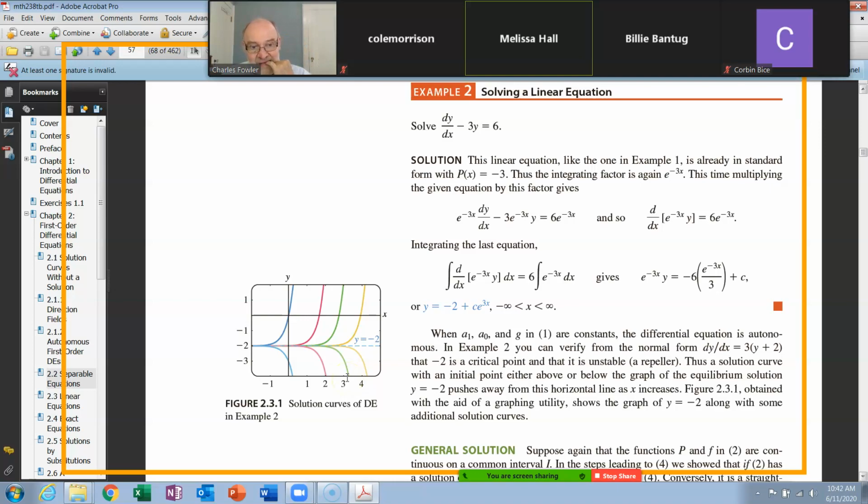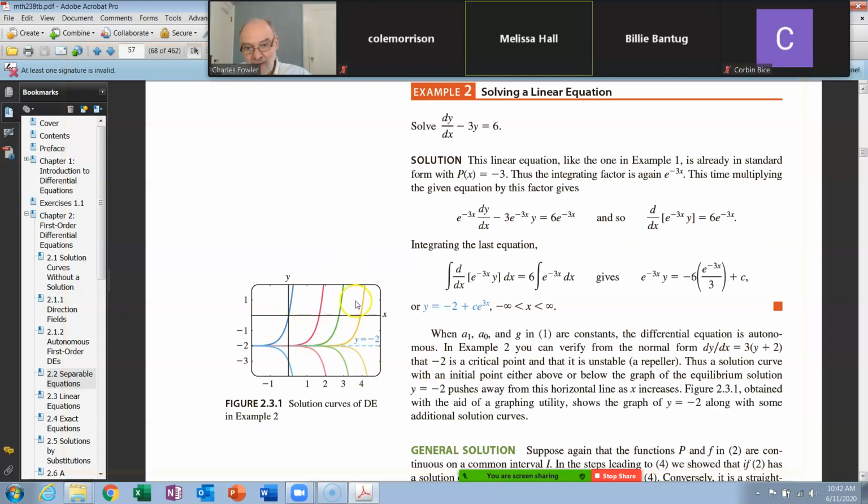Now, and that it's unstable, a repeller, and that it's going away from it in both directions here.